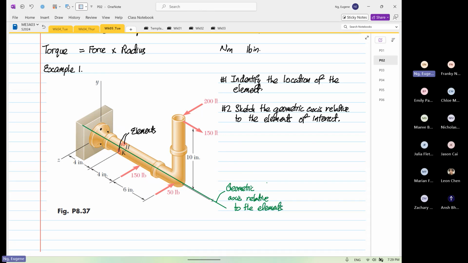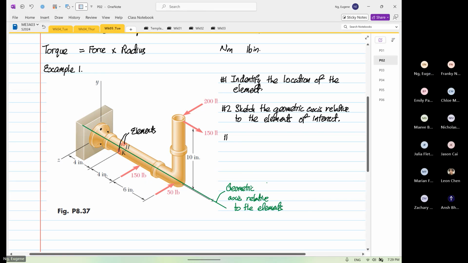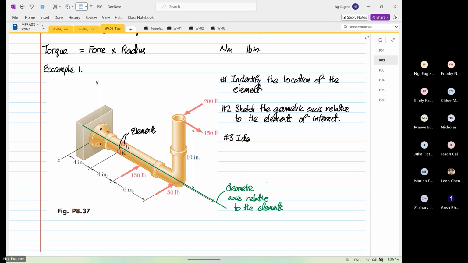The third step is to identify the transformation.